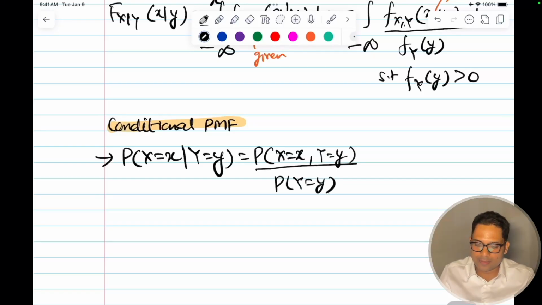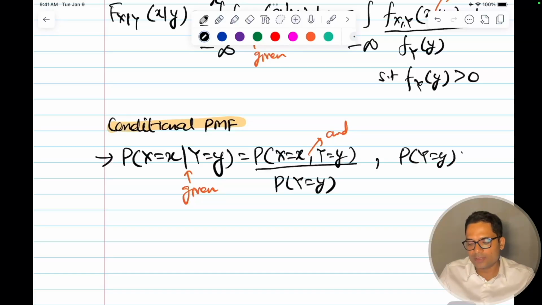So again I'll write it. This is your comma, and this is given. Okay, the symbols, notations will change. Given probability of Y is equal to y is greater than 0.